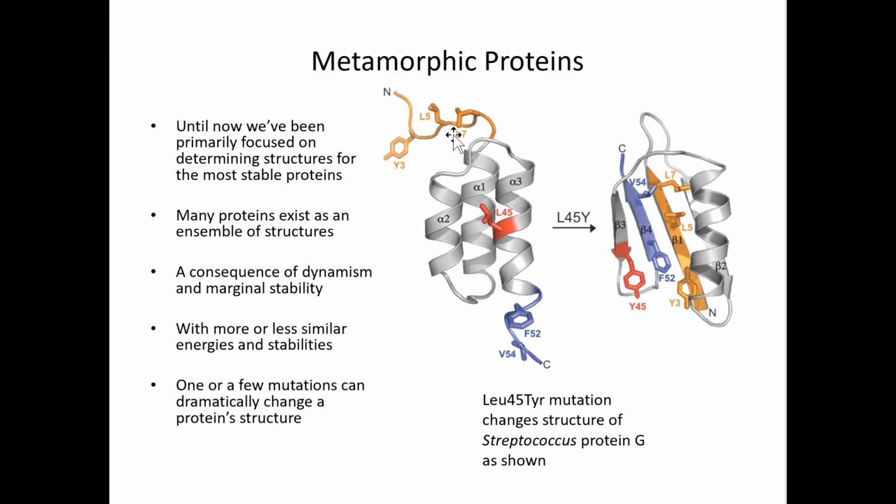And a neat example of how significantly a single chemical change can impact a protein is in this figure where you're looking at the conversion of a leucine residue at the 45th position to tyrosine. And this is those red residues here and here. And the integration of the tyrosine in substitution of the leucine completely changes not just the tertiary structure, but the secondary structures as well. You can see in the leucine containing protein, you have 3 helical structures.